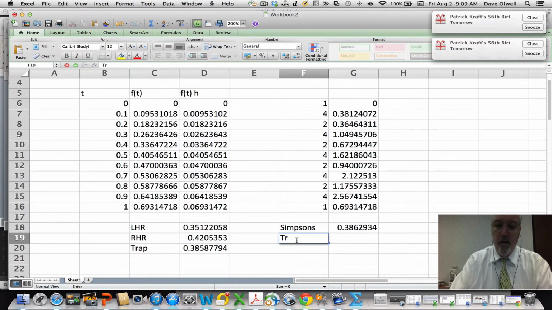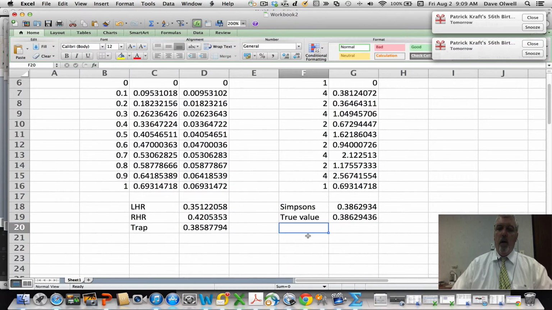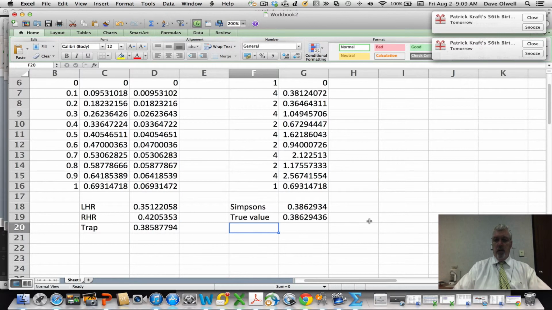I happen to know that the true value is equal to 2 times the log of 2 minus 1. So that's from knowing the exact value of the integral. And so you can see that these agree to 7 decimal points. And it's only when you get to the 8th decimal point that you've got a disagreement in what the values are. It's a very, very good approximation.